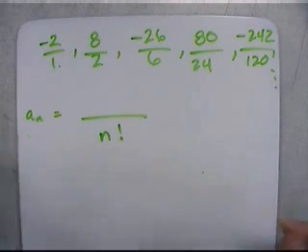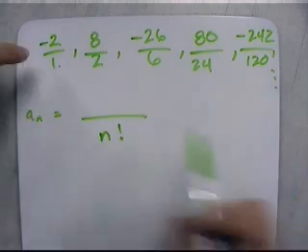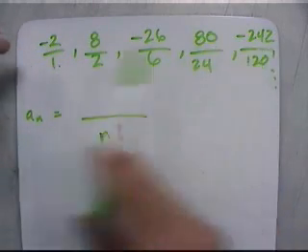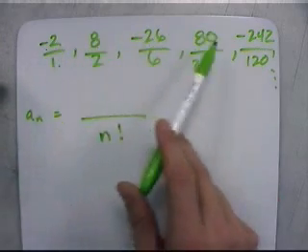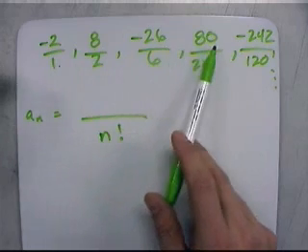Okay? N factorial. Now the numerator, I'm going 1, 8, 26, 80, 242. Numbers that we might not recognize right away, but they're really close to numbers that we recognize, right? What if we add 1 to each of those? A little foreshadowing, we already did this one. If I add 1 to each of those, this would give me 3, 9, 27, 81.